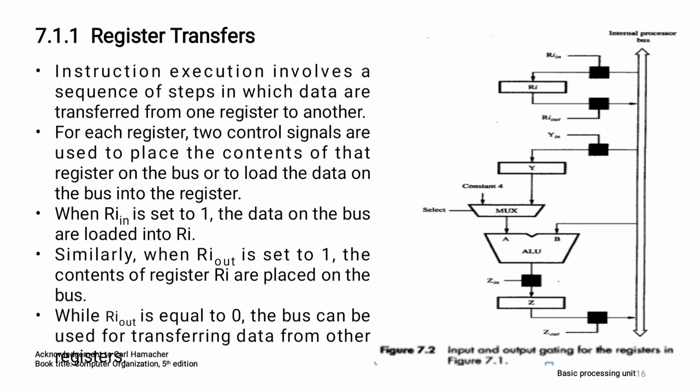Input and output gating for registers means providing the control signals Ri in and Ri out to the register, where the Ri in control signal makes the data be copied into the register and the Ri out control signal makes the content of the register be taken out and put on the processor internal bus. This is what is called register transfer or input output gating for the registers.